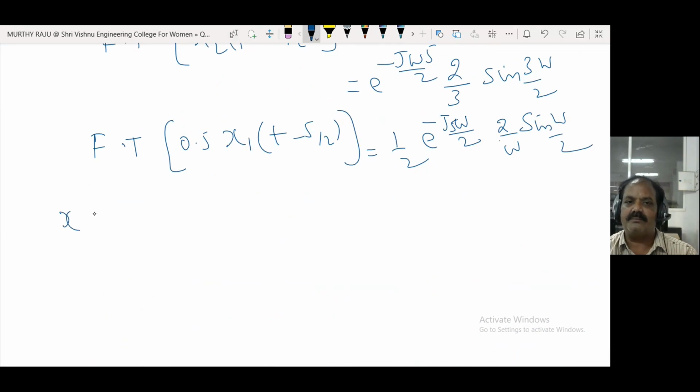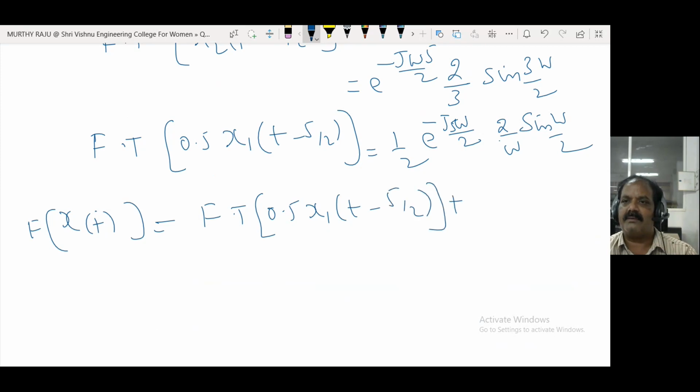Add these two. The Fourier transform of x of t is equal to the Fourier transform of 0.5 x1 of t minus 5 by 2 plus the Fourier transform of x2 of t minus 5 by 2.